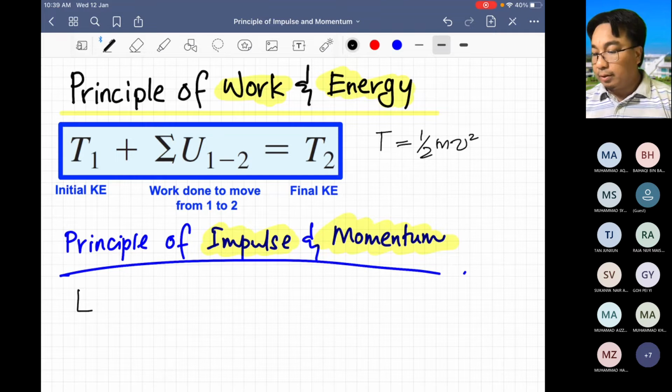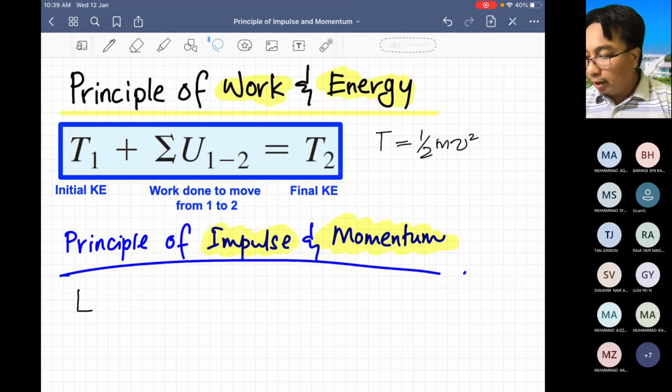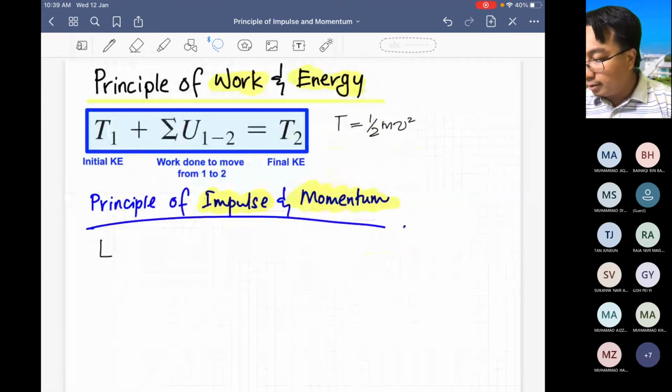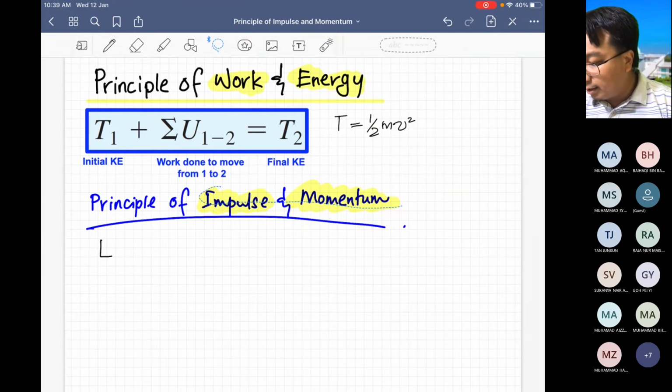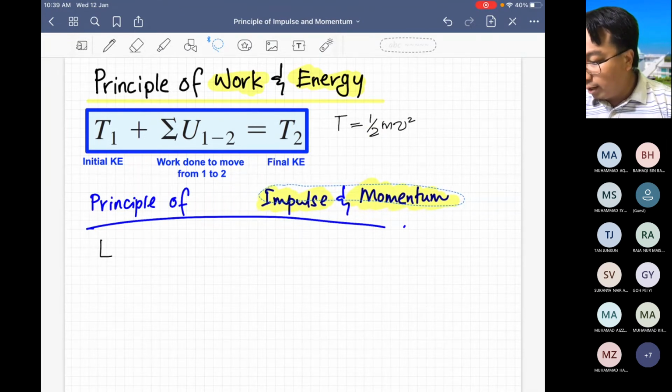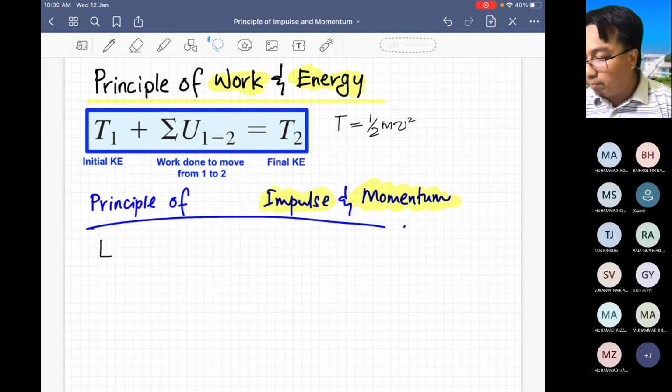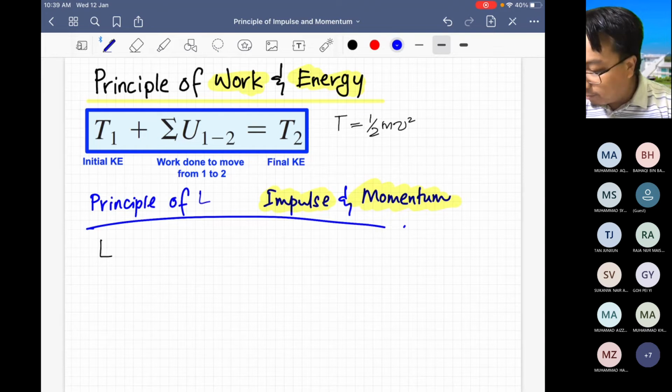In this chapter, there are basically two types of momentum: linear momentum and angular momentum. So I'm going to change the title that I wrote a little bit so that we do not get confused. We are now talking about the principle of linear impulse and momentum.